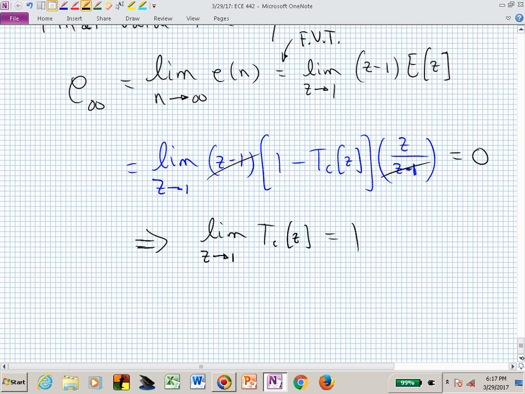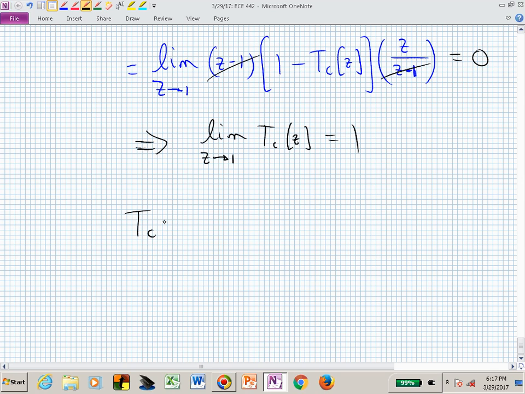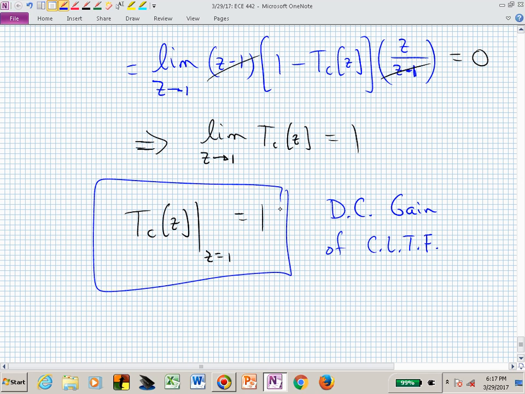Or we are saying that T sub c of z at z equal 1 is equal to 1. So this now is saying that the DC gain of our desired closed loop transfer function obeys that relationship, if we wanted 0 error due to a constant input.